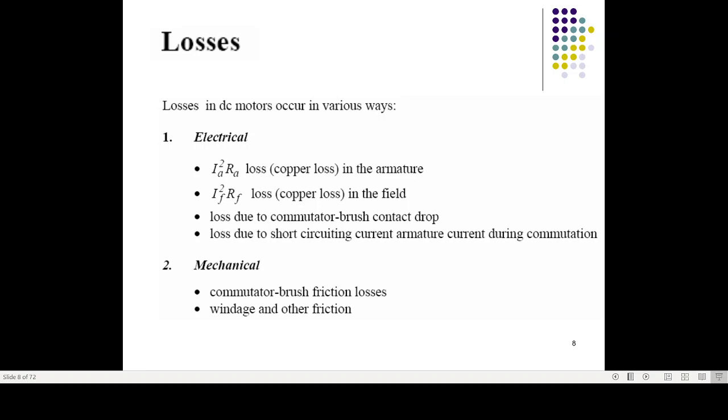During this process, the total input power is not transformed into output power. Some parts of input power get wasted in various forms. The form of this loss may vary from one machine to another. These losses give rise to temperature of the motor and reduce the efficiency of the motor.